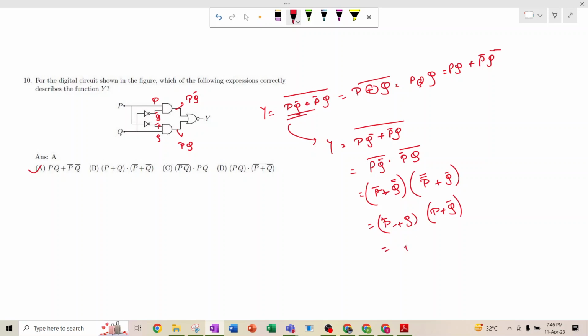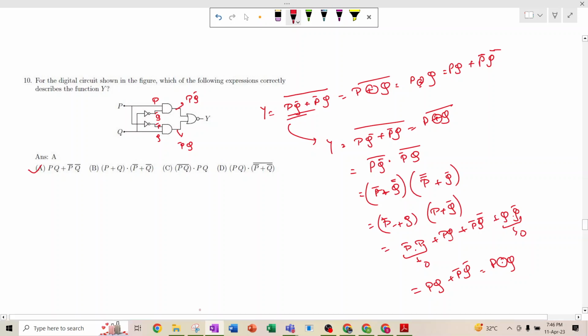So it will be P bar dot P plus P into Q plus P bar into Q bar plus Q into Q bar. Now this P dot P bar becomes 0, and Q dot Q bar also becomes 0. So that means PQ plus P bar Q bar. Okay, understood? So this means that the complement of P XOR Q is nothing but P XNOR Q. So the correct answer will be option A.